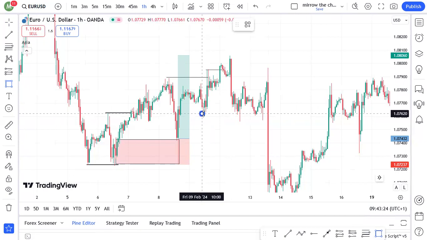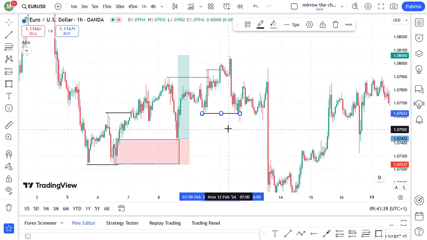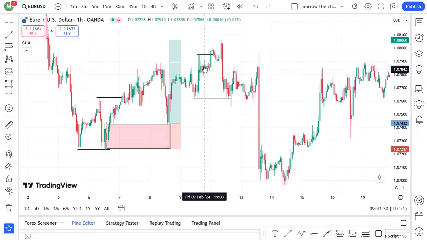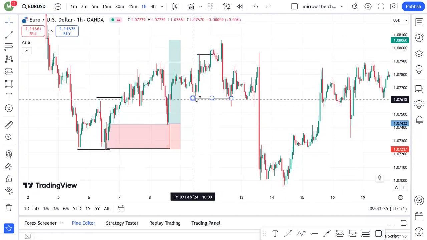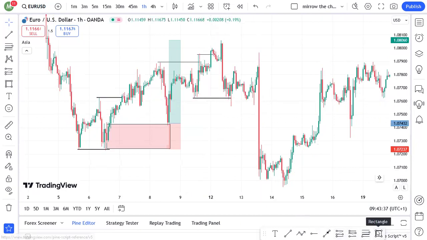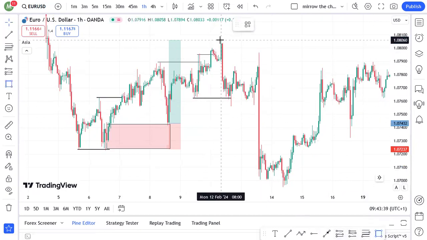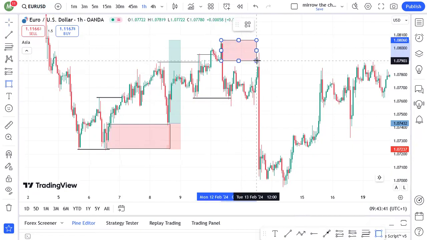Always spot that break of structure. You see? Monday came and grabbed Friday high and broke structure to the downside, leaving our POI, look at this demand, leaving this order block for us.